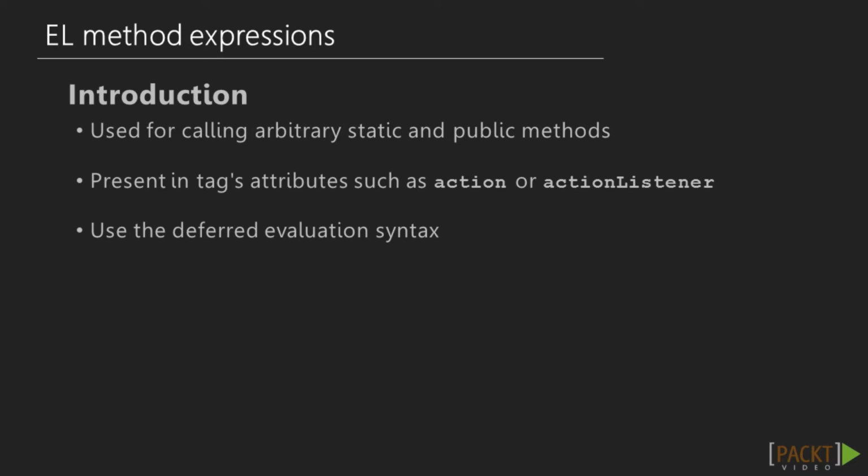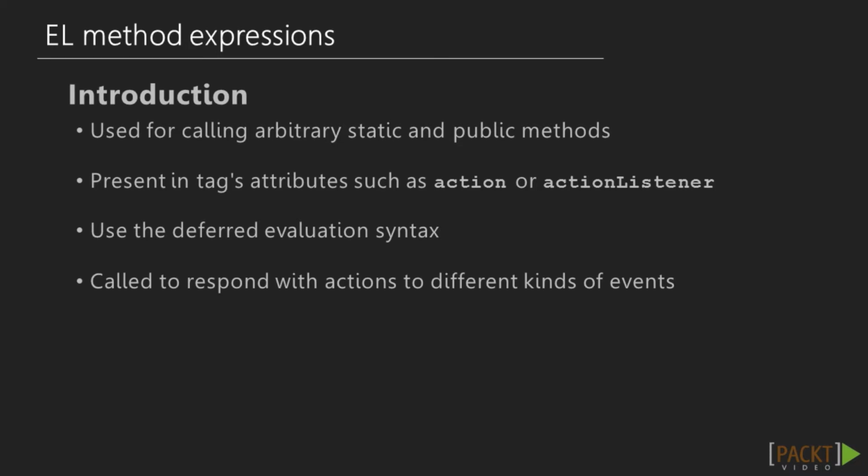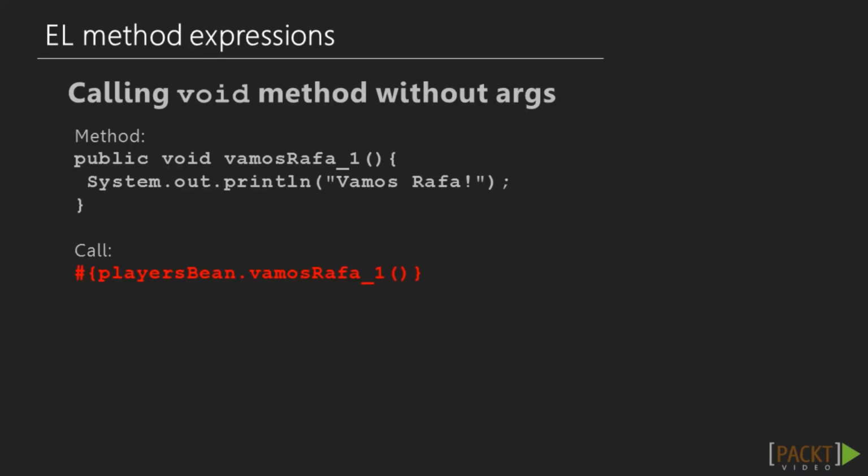In addition, this expression must use the deferred evaluation syntax, since a method can be invoked during different phases of the lifecycle. Commonly, methods are invoked to respond with actions to different kinds of events and for navigation tasks. Okay, let's see some examples of calling bean methods using EL.